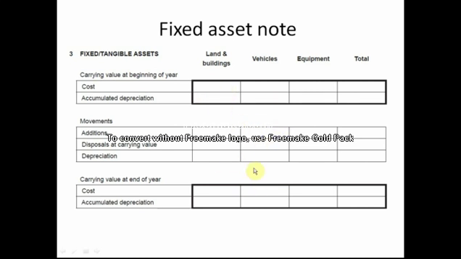So this is a narrative of fixed assets, and you can see it's maybe about half an hour for each story. And let's say you have maximum 12 stories over the year, so it's maximum of 6 hours.